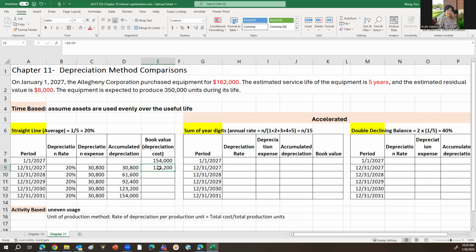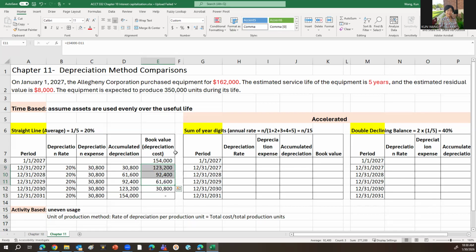For this one, if I use this one, okay, I should use the original cost minus the total depreciation, and so on. Or I can use the original cost directly minus this one. So I can just copy and paste my formula for the rest of the years. And maybe I can make this consistent.